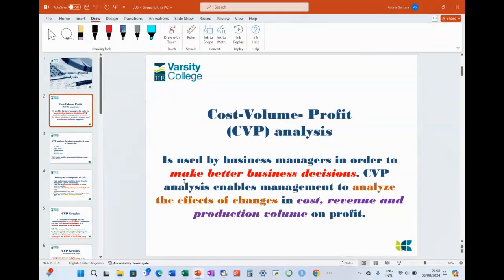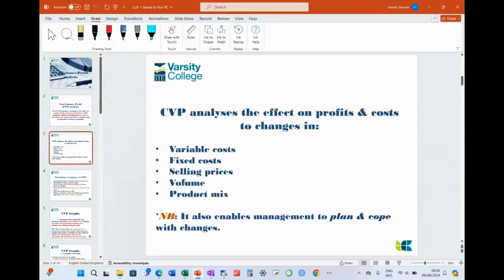Okay, so you could almost say that cost, volume, profit analysis and sensitivity analysis is very, very close, almost the same thing in many ways. Sometimes people use those terms interchangeably. They might be thinking of cost, volume, profit analysis, but they're using the word sensitivity analysis, okay? So just be mindful of that.